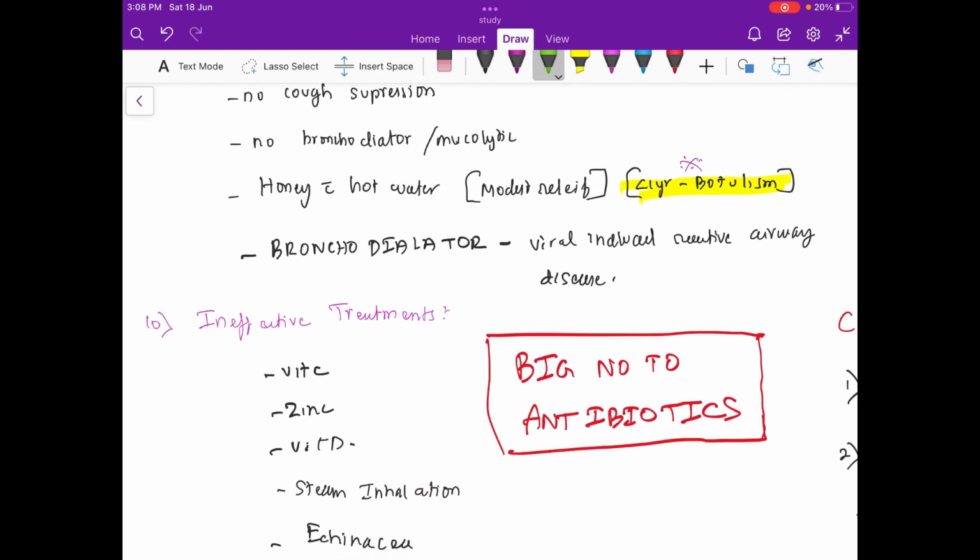A bronchodilator, mucolytic. The only indication of using a bronchodilator in upper respiratory tract infection is that this can trigger a viral associated wheezing, that is viral associated hyperreactive airway disease. So this is the only indication for giving a bronchodilator in an upper respiratory tract infection.